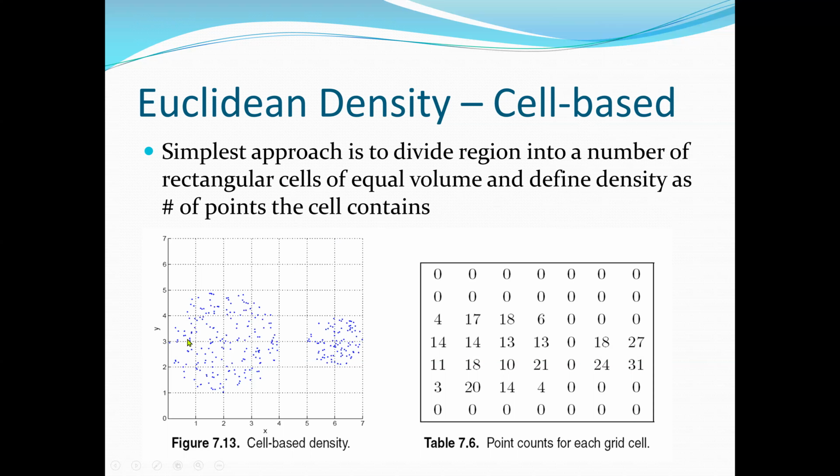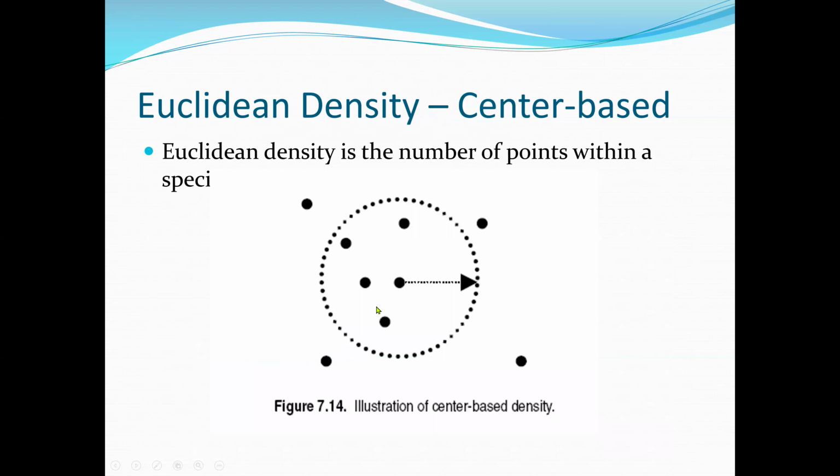We divide the data into cells in the plane, then count all the points in each cell. That's what we have here, the point count for each grid cell. The highest density is 27, and of course the lowest density is 0. So Euclidean density is cell-based, the number of points within a specific cell.